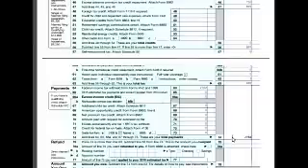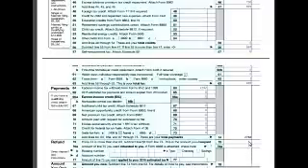Now they say if line 74 is more than line 63, subtract line 63 from line 74. This is the amount you have paid. That's going to be your refund.